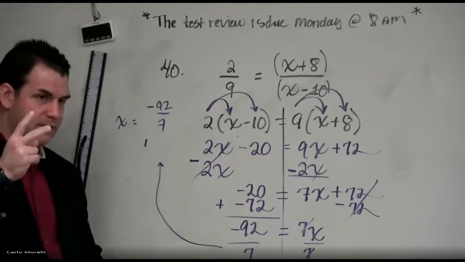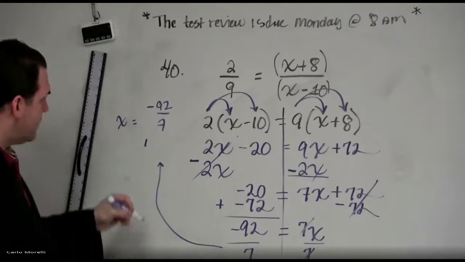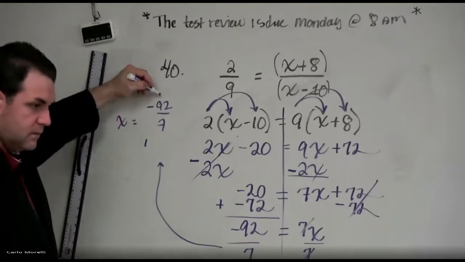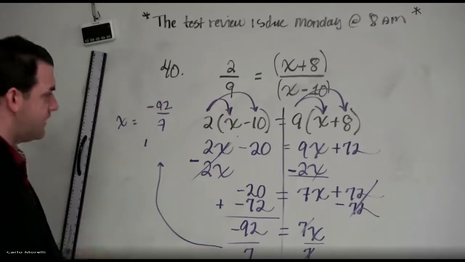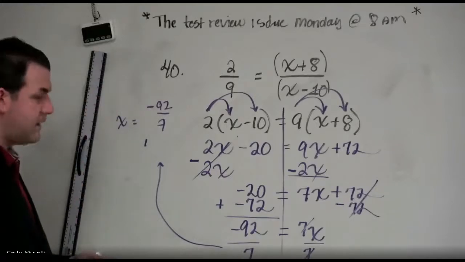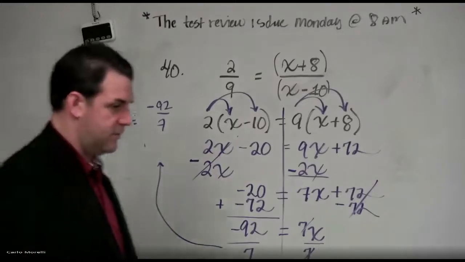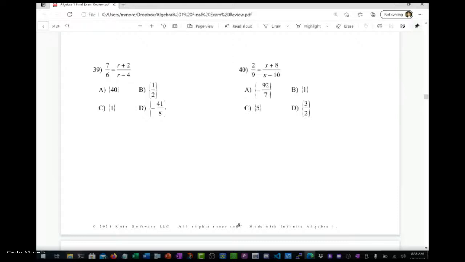So the remainder would be 2. So, oh, I see. I'm looking at the answer choices and I see they don't actually want us to turn this into a decimal. If you look at the answer choices, they leave it as a fraction. Negative 92 over 7. Yeah. So we were done and we just didn't know it.